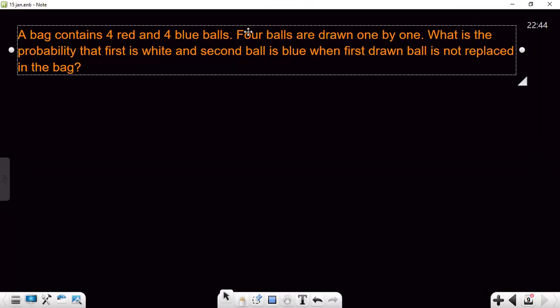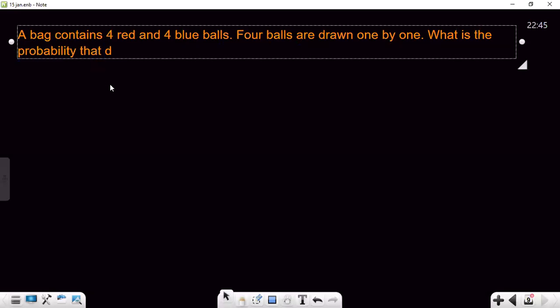Then find the probability that the drawn balls are alternate in color. What is the probability that drawn balls are alternate in color? Oh, typical question.